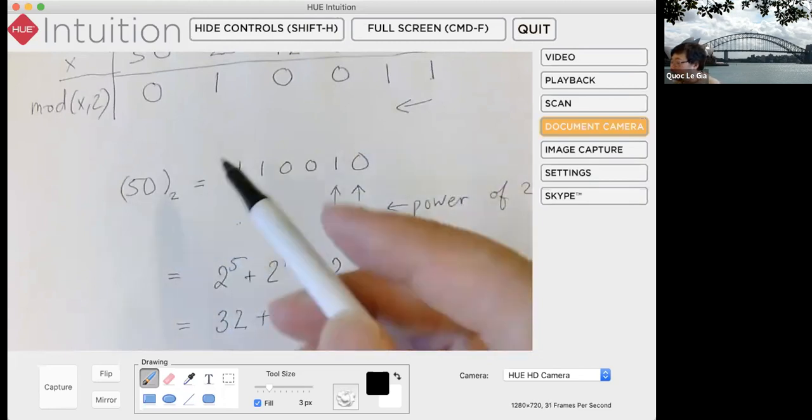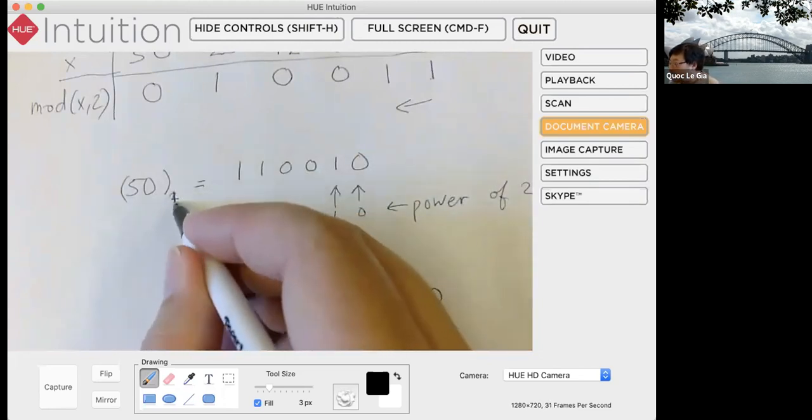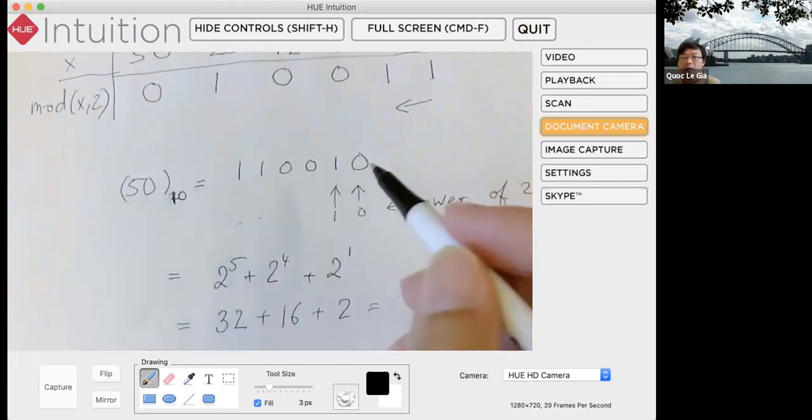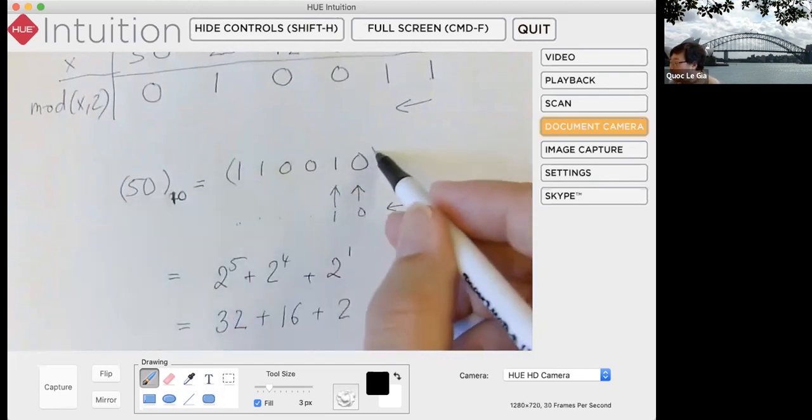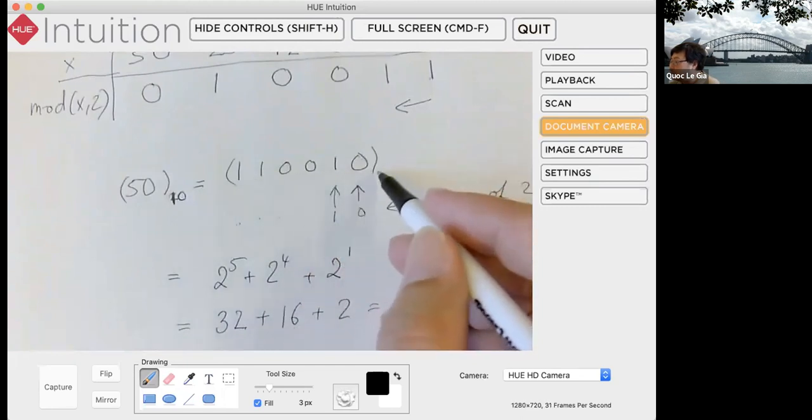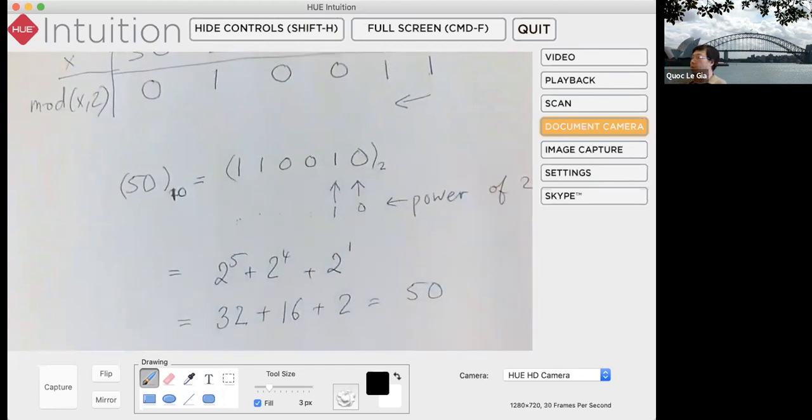So 50 in base 10 is represented by 110010 in base 2, in binary form. To convert from binary back to decimal, you just trace the power: the first digit is power 0, then power 1, power 2, power 3, power 4, power 5.